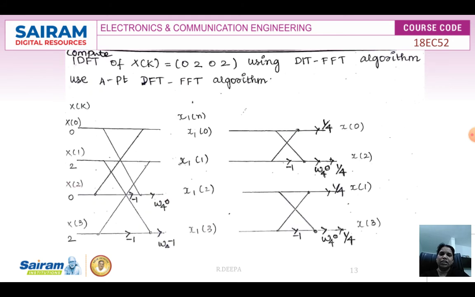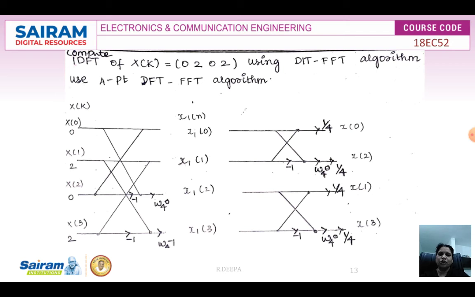Next this will be fed as input for the second stage, and let us frame another set of 4 equations. X of 0 is equal to 1 by 4 multiplied with x1 of 0 plus x1 of 1.